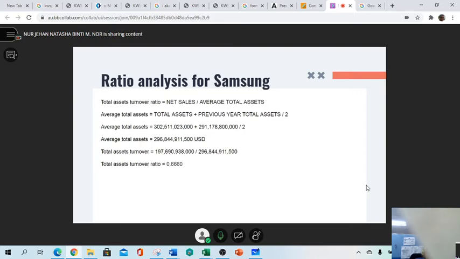The total asset turnover is 197,690,938,000 divided by 296,844,911.5 thousand. So the total asset turnover ratio is 0.666. Next slide, please.